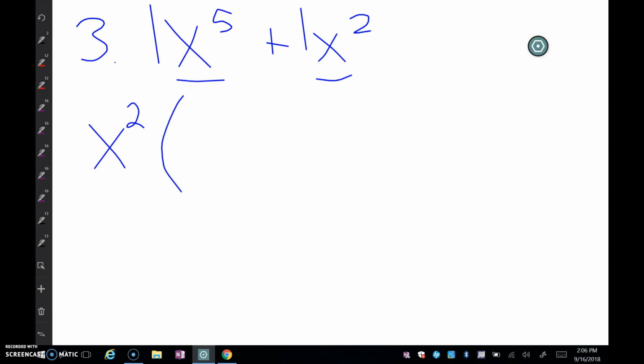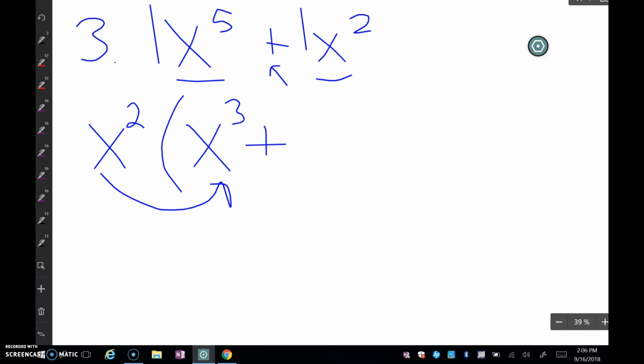Since I took out x squared, I have 3 more x's left, and you see how if you multiply, that does give you x to the fifth. Now put your sign down, which is your plus sign here, and then I took out x squared from my x squared, so I need a 1 there to hold that space because I want to be able to multiply that through and get my x squared.